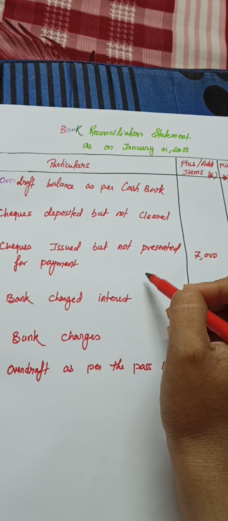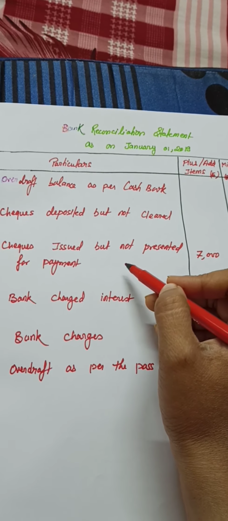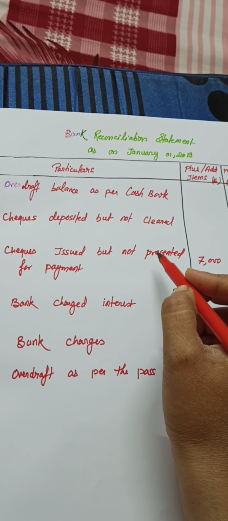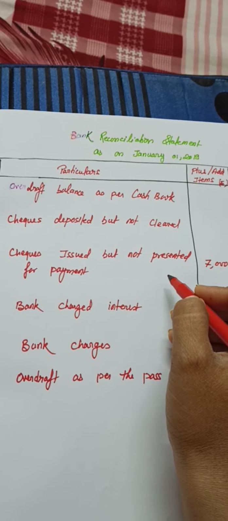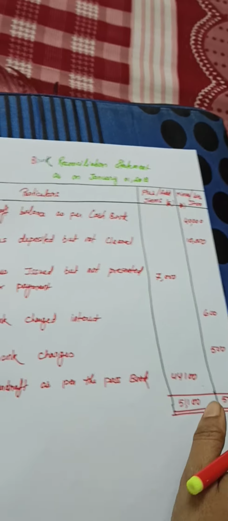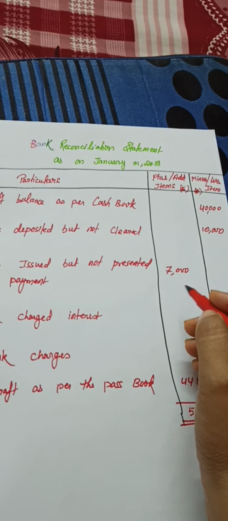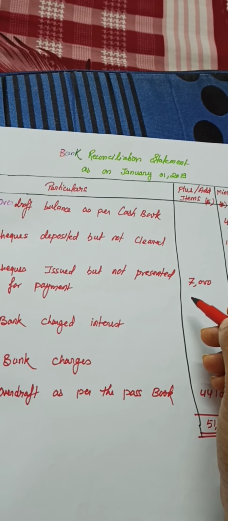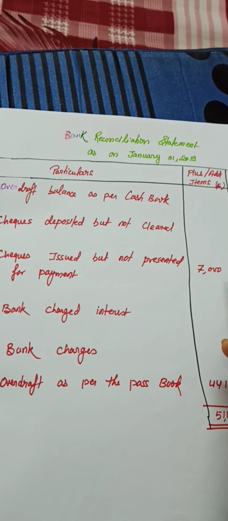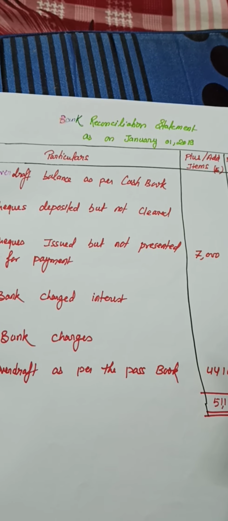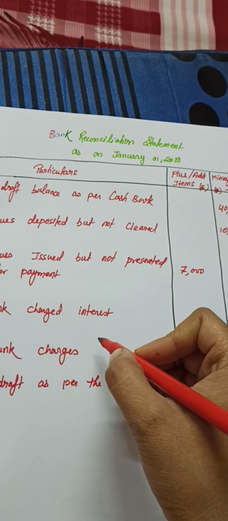Check issued but not presented for payment. Here it is not presented in the passbook. It's not presented for payment, so the passbook is in the plus situation, so it has to be added to the overdraft balance as per cash book. Now bank charges and interest.